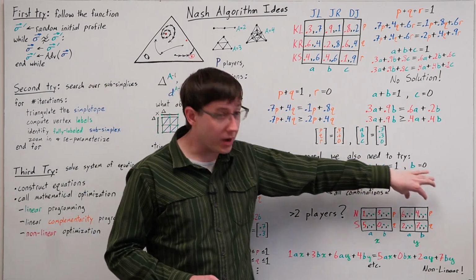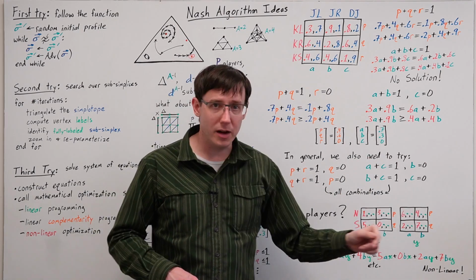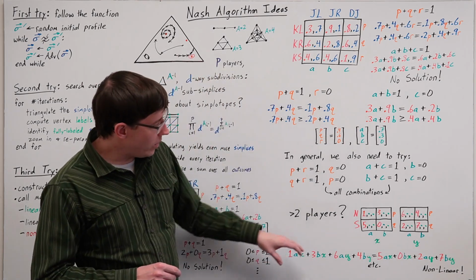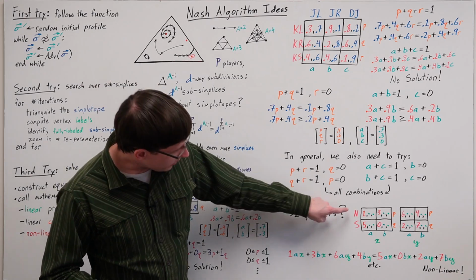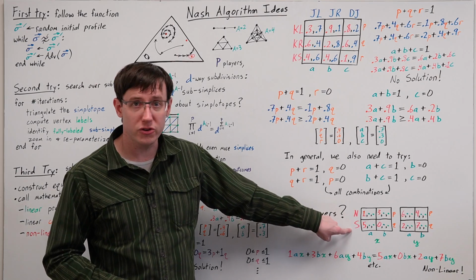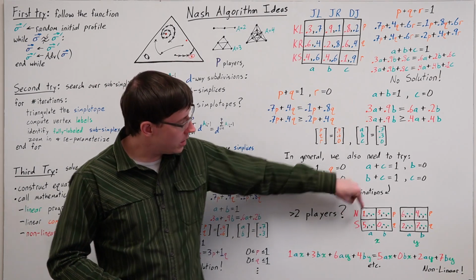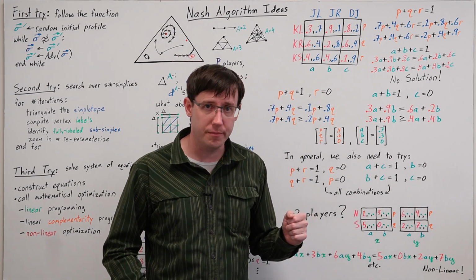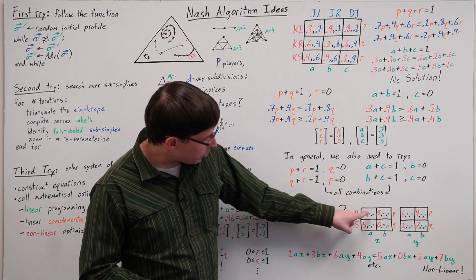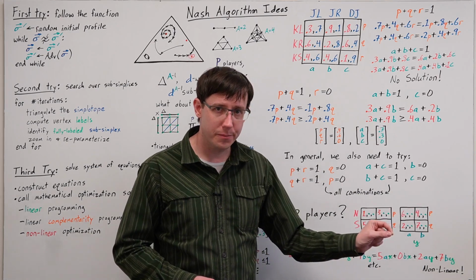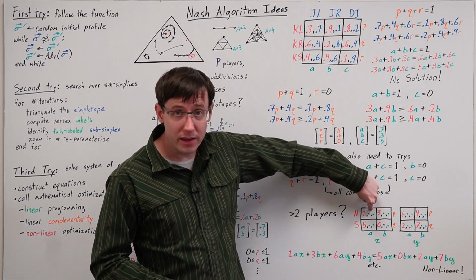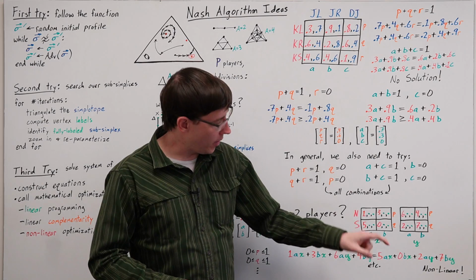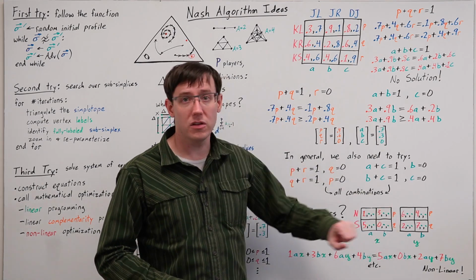Here I have our simplest possible 3-player game, and I've only written in payoffs for player 1, because that's enough to illustrate the problem, which is that when we try to write down the equation that player 1 is indifferent between their 2 actions, we have to write down the expected utility for their first action is equal to the expected utility for their second action, and the expected utility depends on the probability of each outcome happening, and the probability of this outcome is the product of the probability A that player 2 assigns to the column, and the probability X that player 3 assigns to the matrix.